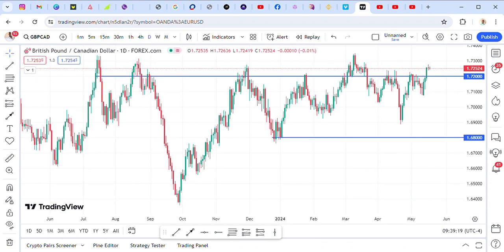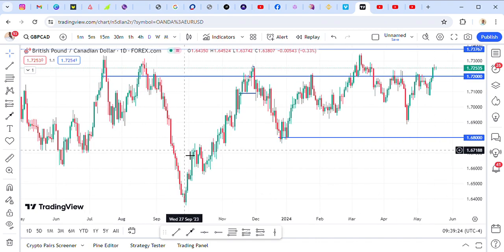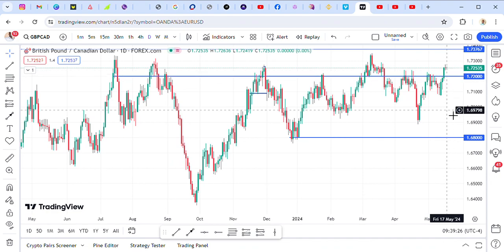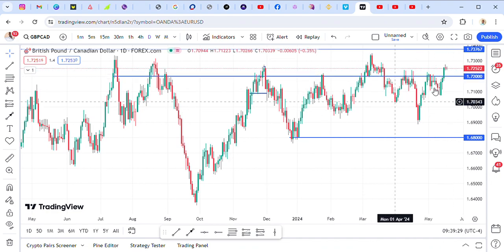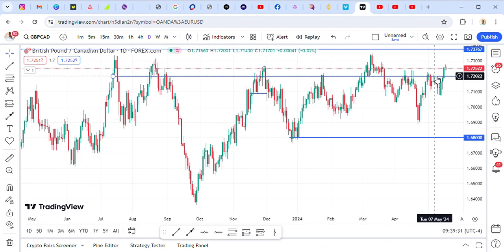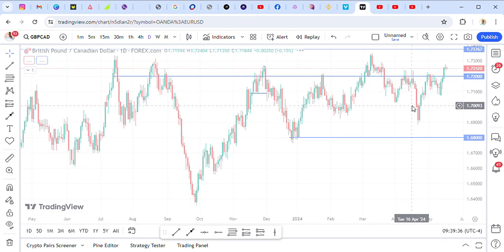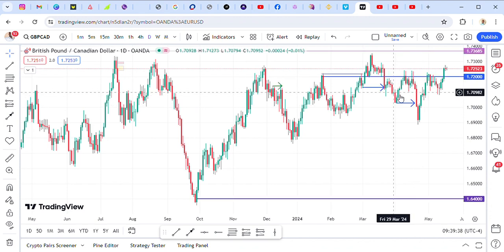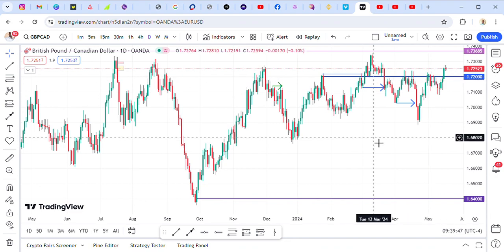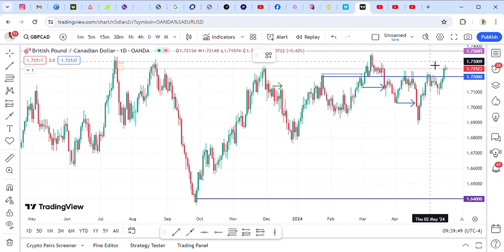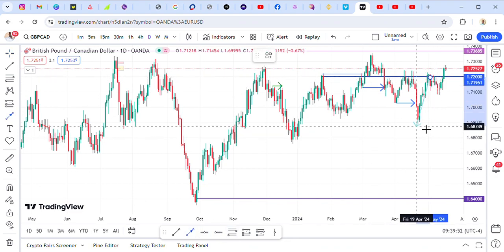Looking at this pair, it was looking bearish earlier, and I called that we sold down. In fact, I entered around here, because if you look at this chart, how it has been making lower lows and breaking old lows, structures like that, I was expecting that from here we get down and make a new low.